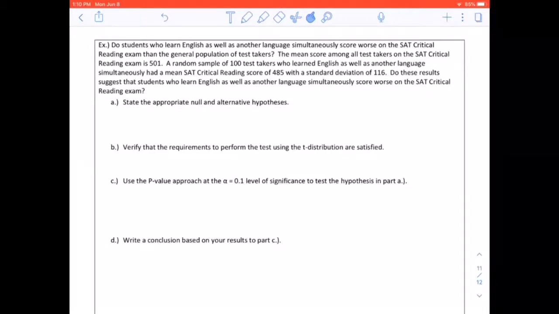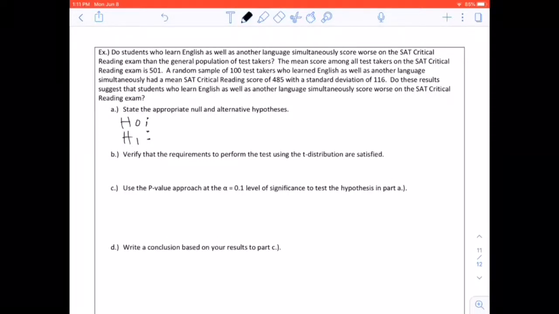First thing, part A says to state the appropriate null and alternative hypotheses. Since we're talking about the average reading exam score, our parameter is going to be mu, equals for our null, and that value that we have it equal to is 501. And we're asking about, do they score less than or worse on it?